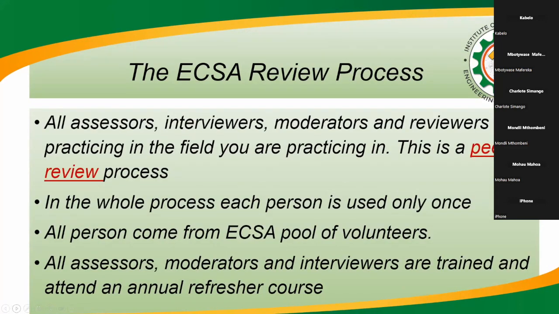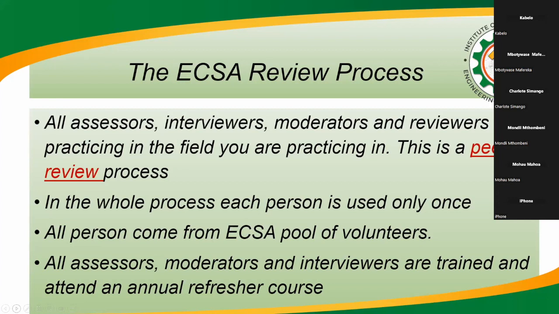So, must I tell you, all assessors, interviewers, moderators, and reviewers are practicing in the field you are practicing in. Remember, this is a peer review process. So don't say the reviewers and the interviewers didn't know what they're doing.